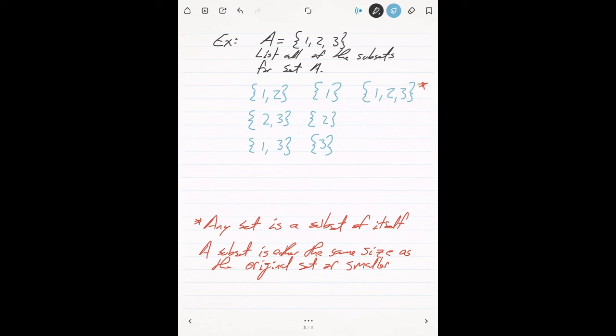Now, let's pause this topic of subsets for a minute, and let's talk about another topic that pops up in sets. This is a particular type of set called the null set or the empty set. Okay? The null set or the empty set can be defined as a set with no elements.